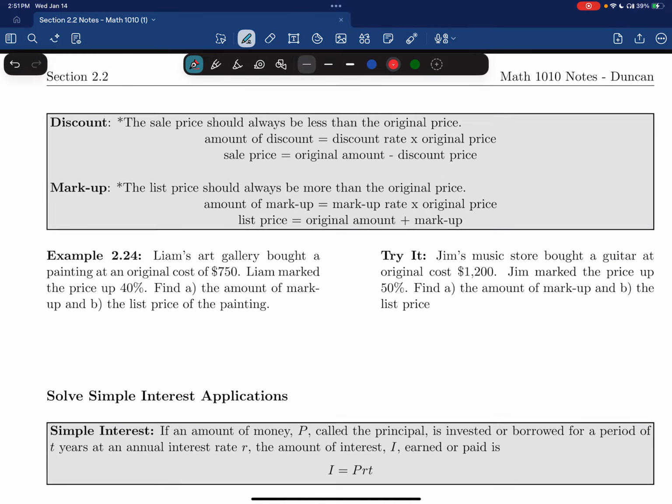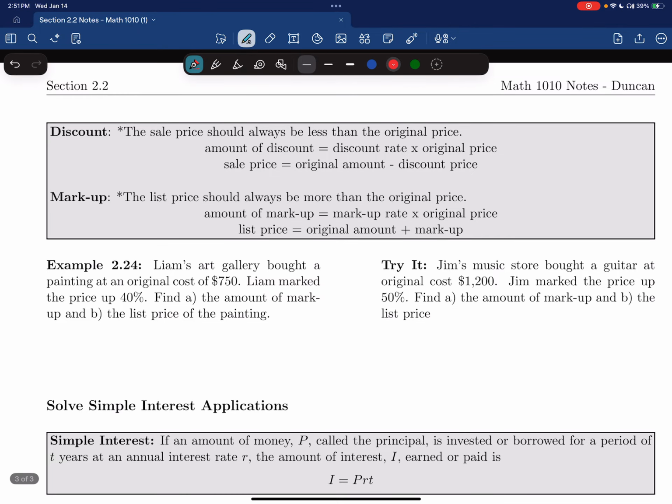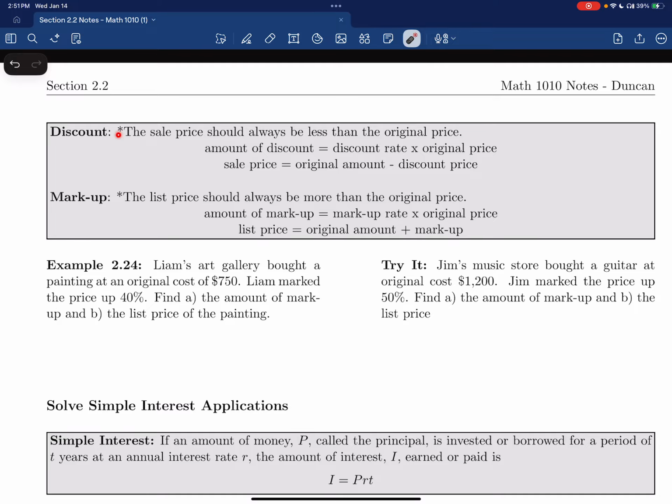Let's talk about discounts and markups. A discount is when you have a reduction in cost of an item, so we're talking about sales. One important thing to consider is that the sale price should always be less than the original price.